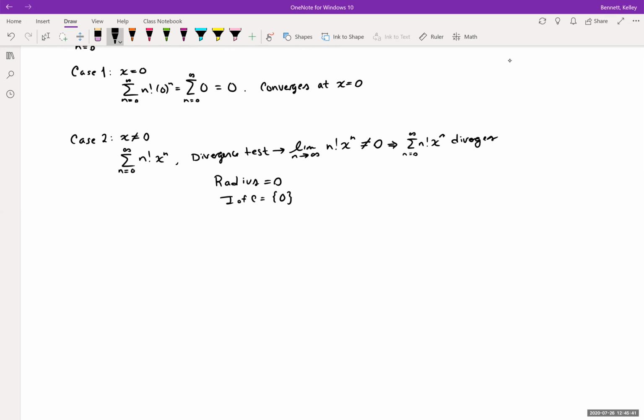And then for our last example, C, we have the series n equals 0 to infinity, x minus 2 to the n, over n plus 1 times 3 to the n.